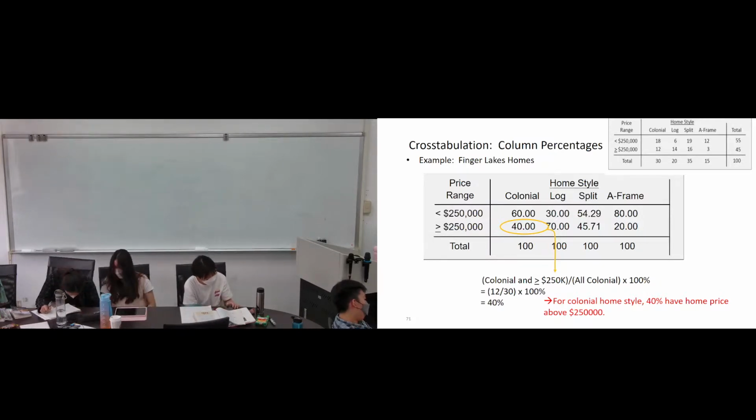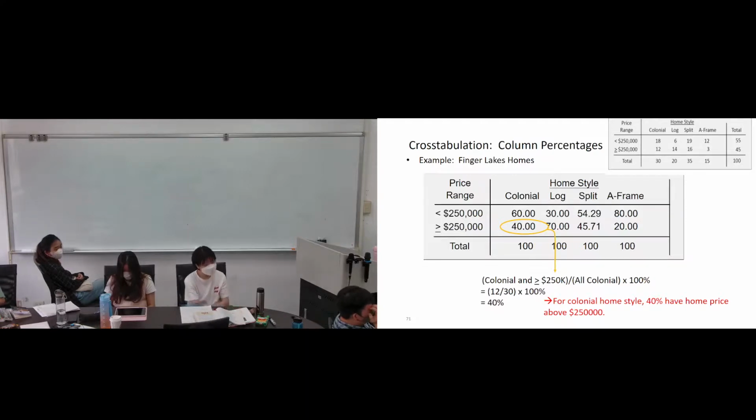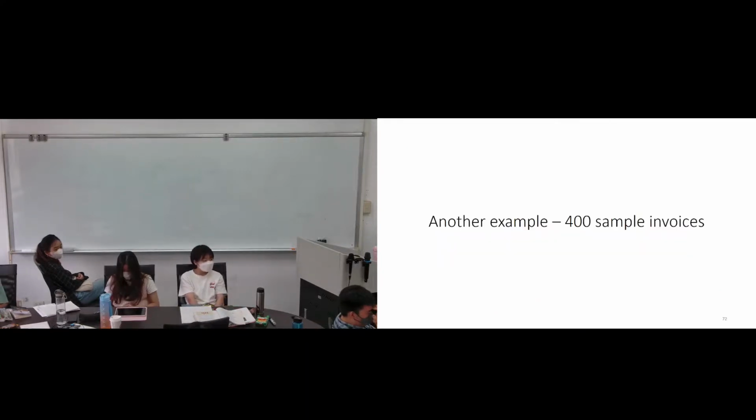If they purchase log home, 30% of them are below $250,000. Questions? Let's see another example, 400 sample invoices.